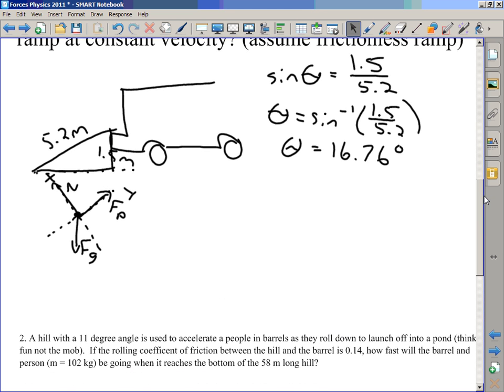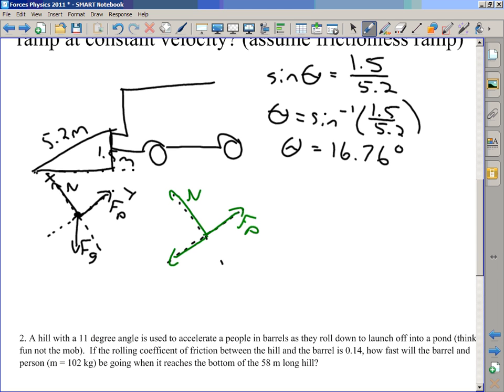So now, next step, break everything into components, right? So I need to draw another tilted XY axis. I'm still going to have FP and normal, already where they need to be, no need for components. What goes down the ramp?